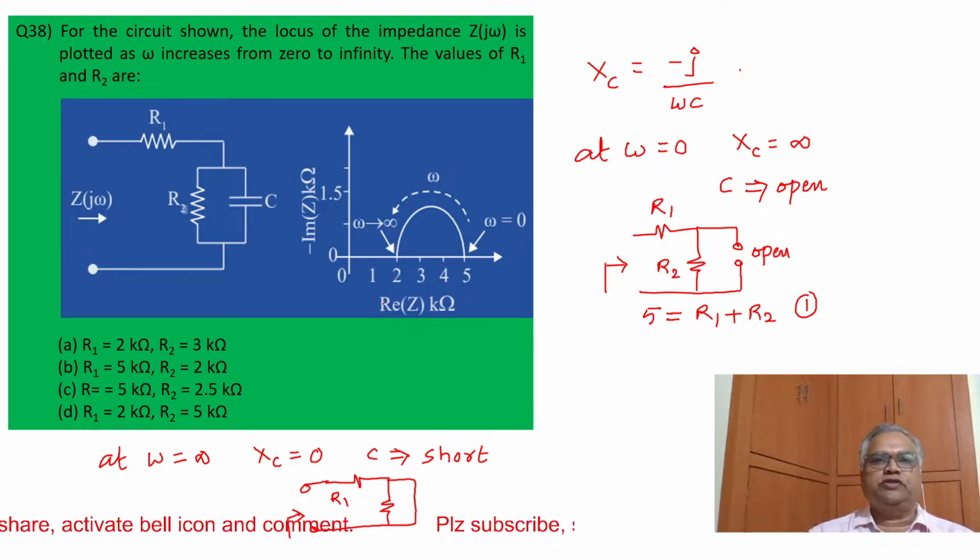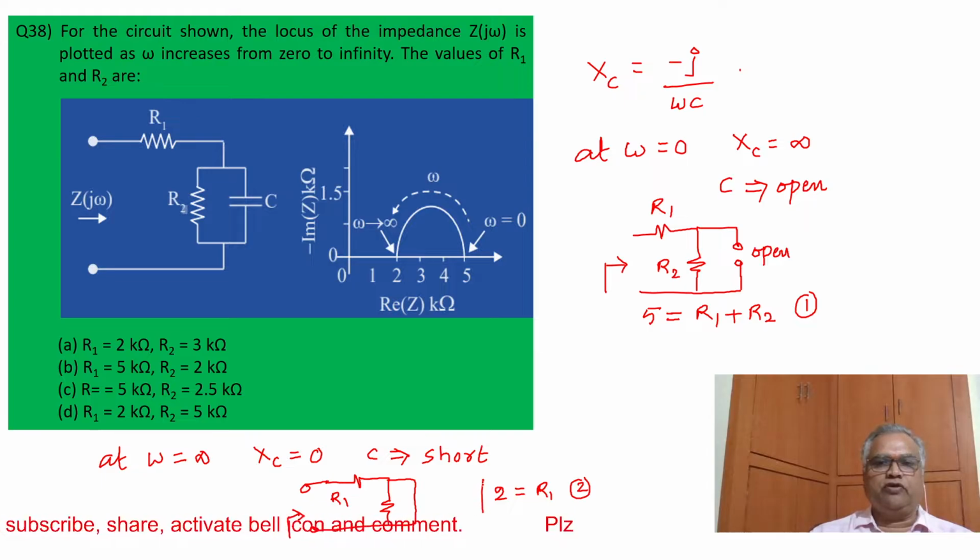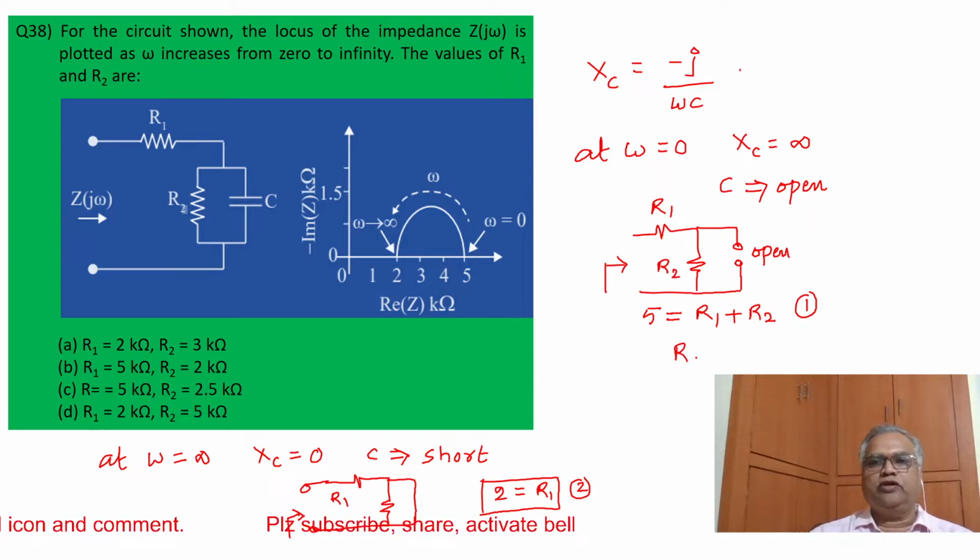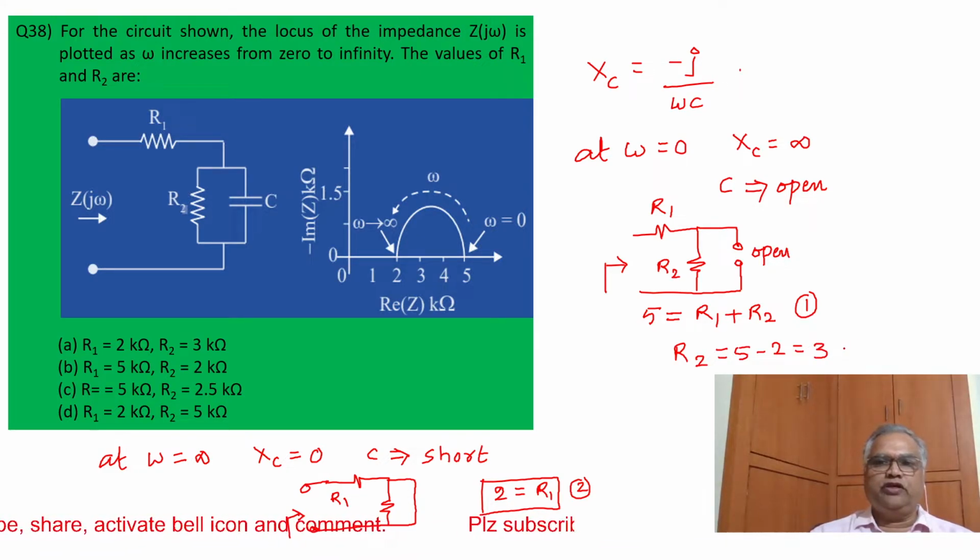The impedance given is 2, so 2 is equal to R1. This is the second equation. Straight away we get R1 as 2. Substituting R1 equal to 2, R2 is 5 minus 2, which is 3.